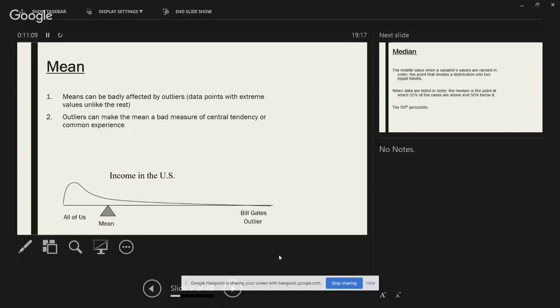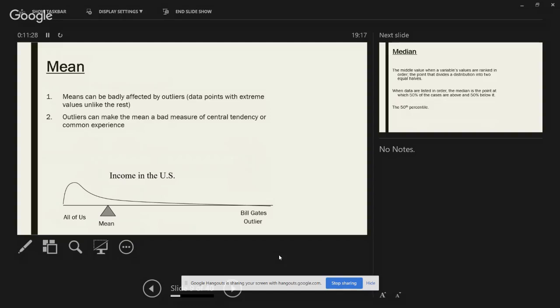Now, you can see the diagram. It is relating to the income of the US. Suppose we are not talking about the whole US here. We are just talking about a particular area, and we have only taken 1,000 people there.